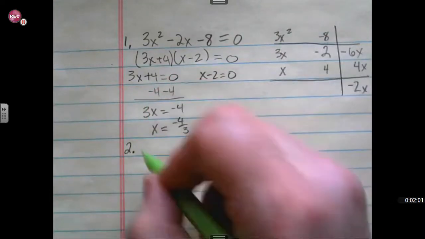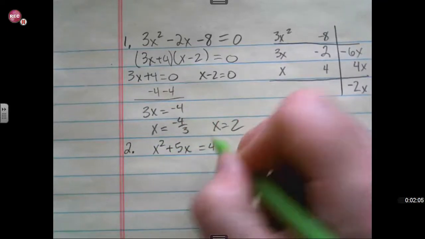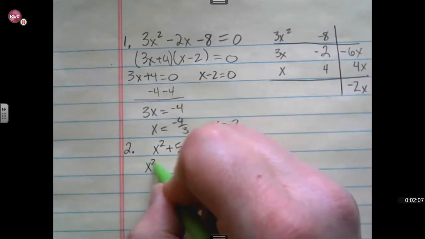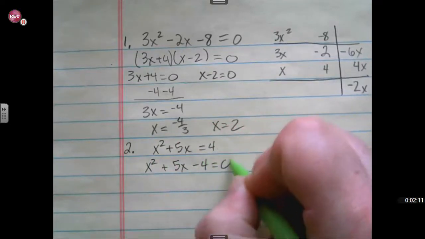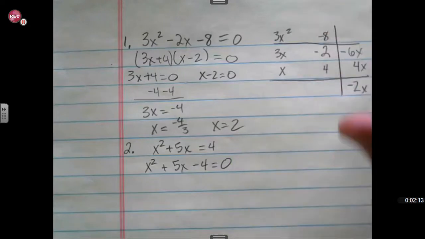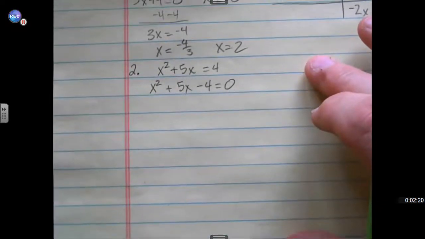X squared plus 5x equals 4. X squared plus 5x minus 4. Even though it looks like it, I don't think it's going to factor because the 4 is negative.